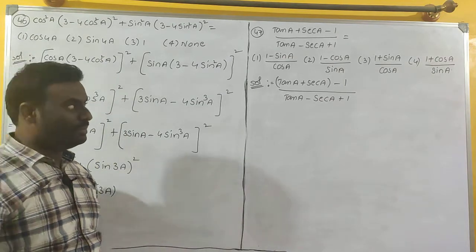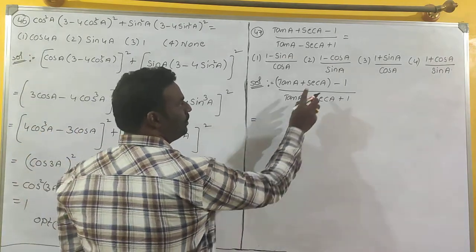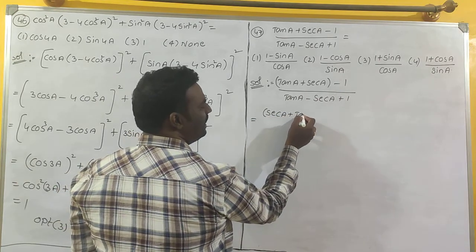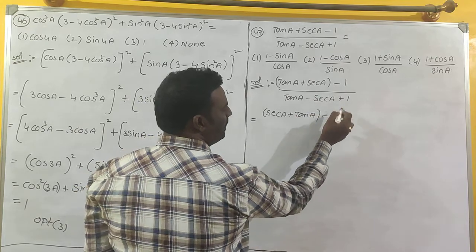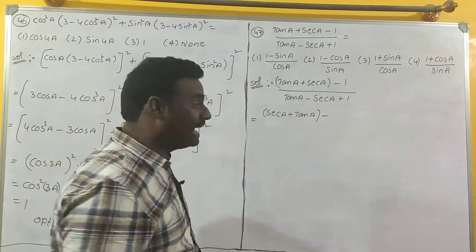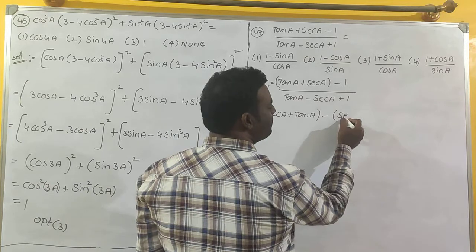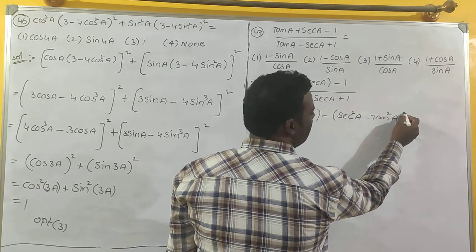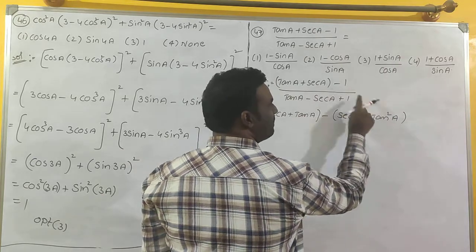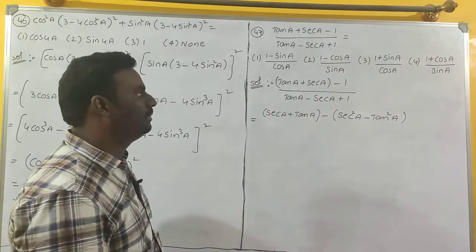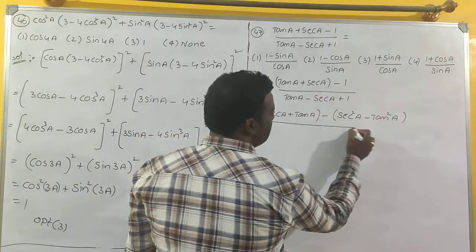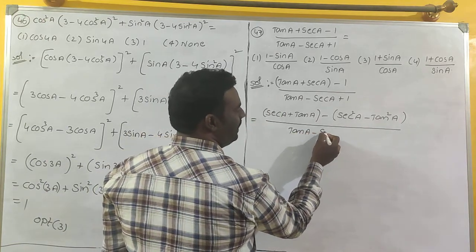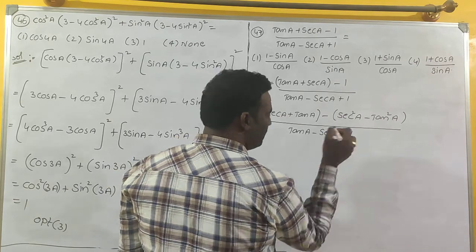It can be written as, first I am writing secant A, next I am writing tan A, minus. In place of 1, I can write secant square theta minus tan square theta, because it is one of the trigonometric identities. Secant square theta minus tan square theta value is 1. The denominator stays as it is, don't change the denominator: tan A minus secant A plus 1.